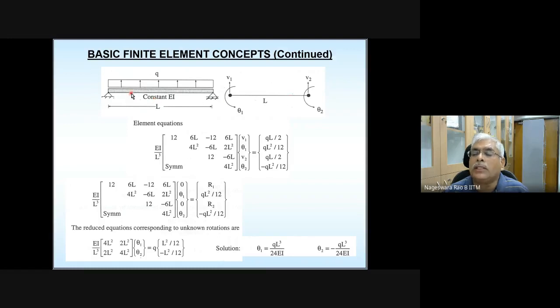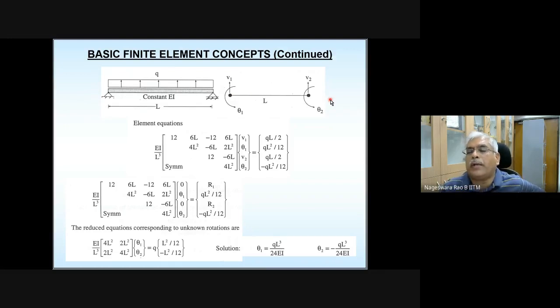So fixed end solution is nothing but assuming the ends to be fixed with the same load applied. What are going to be the values of moments and forces at the supports, at the two nodes? At this node, what is going to be the moment, shear force? Also, along the length of the beam, what is going to be the fixed end solution?